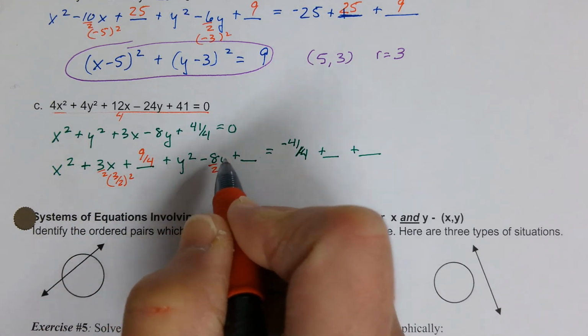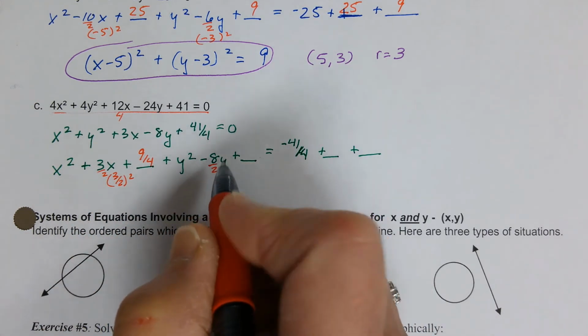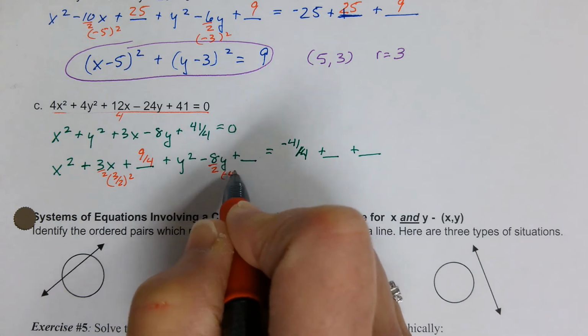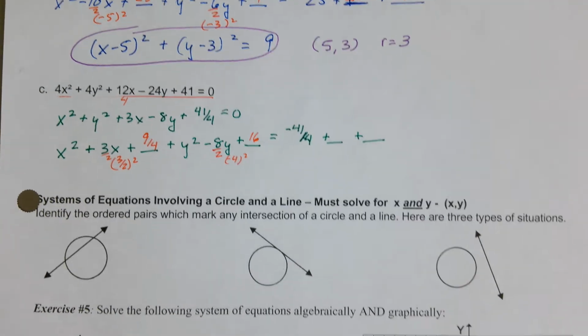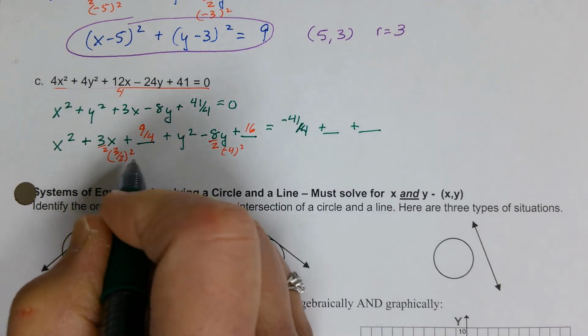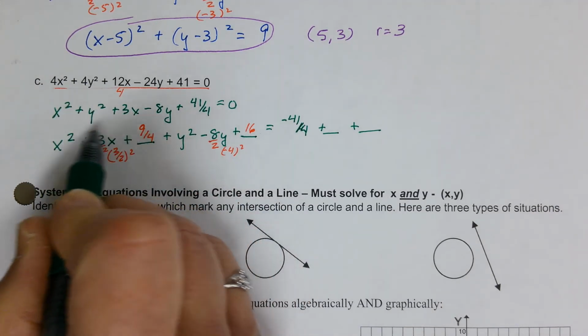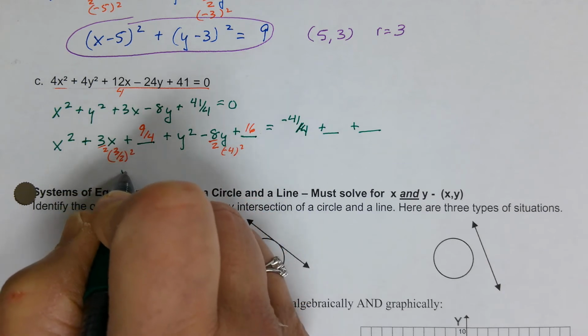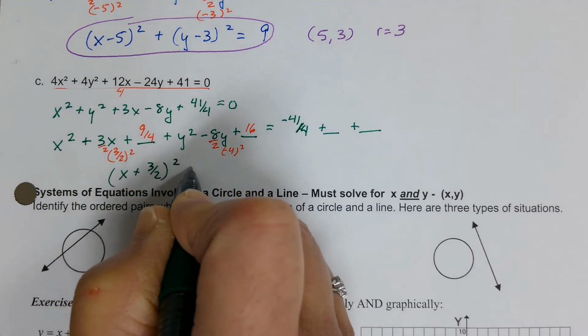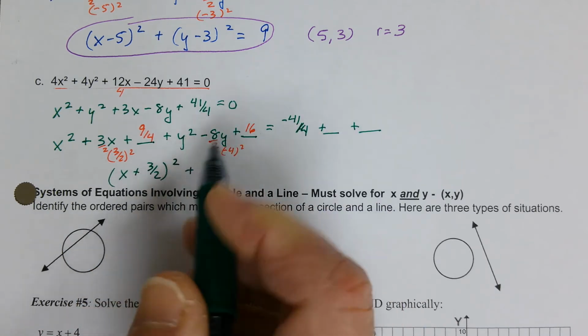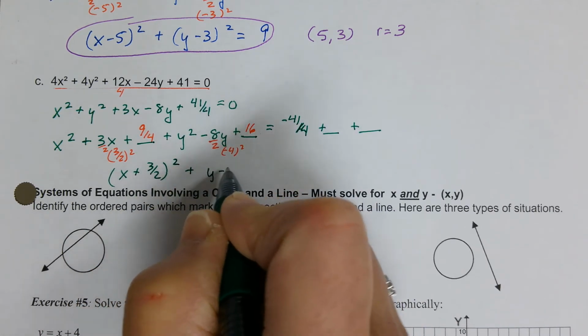And the second blank, negative 8 divided by 2 is negative 4 squared is 16. This is a trinomial that factors into x plus 3 halves squared. And here, the trinomial factors into y minus 4 squared.